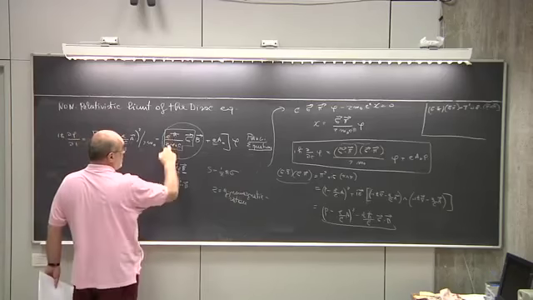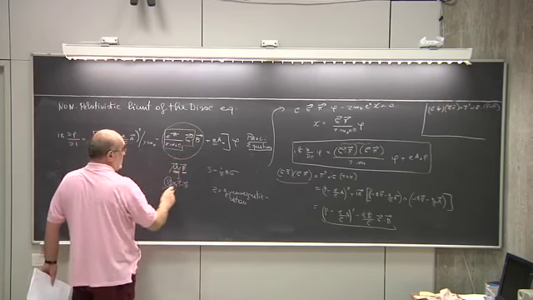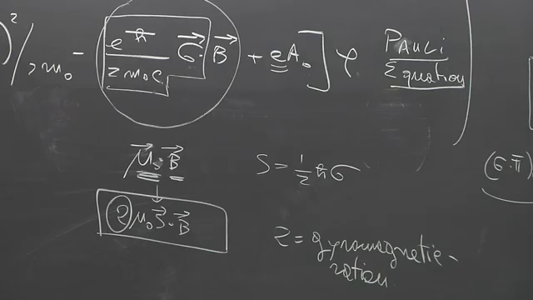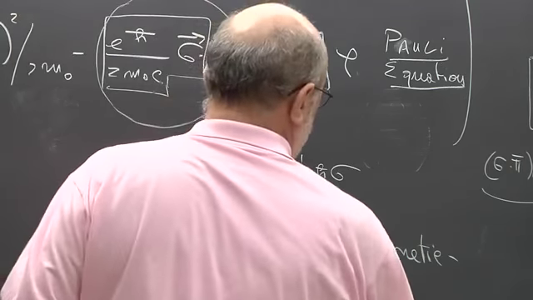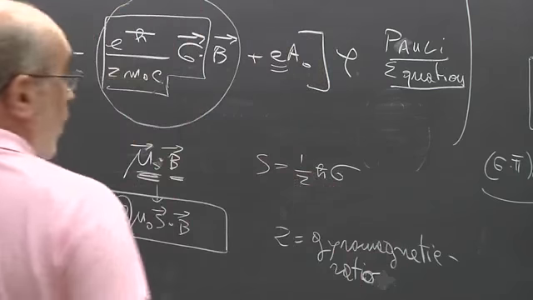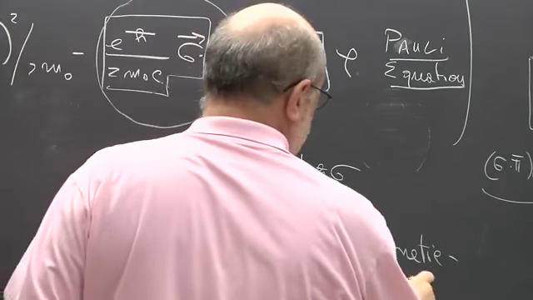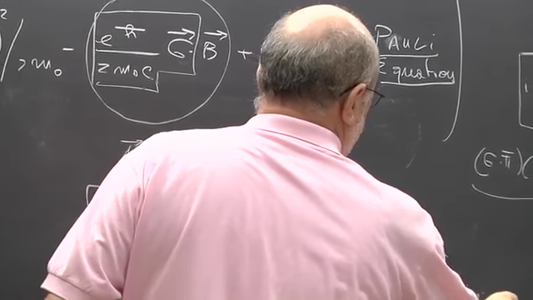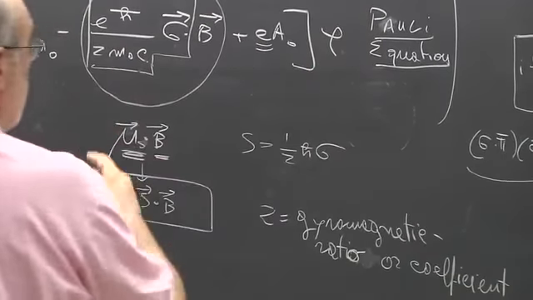Now we understand this quantity. So the gyromagnetic ratio, or coefficient, for a spin 1/2 particle is 2.